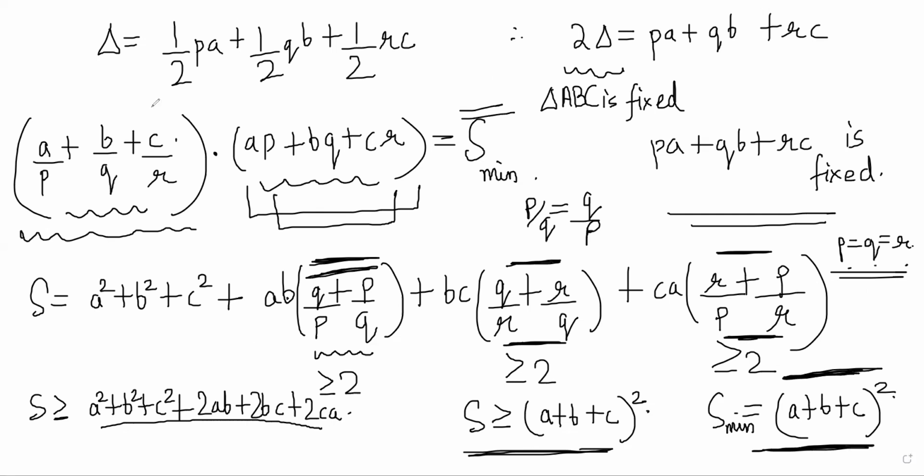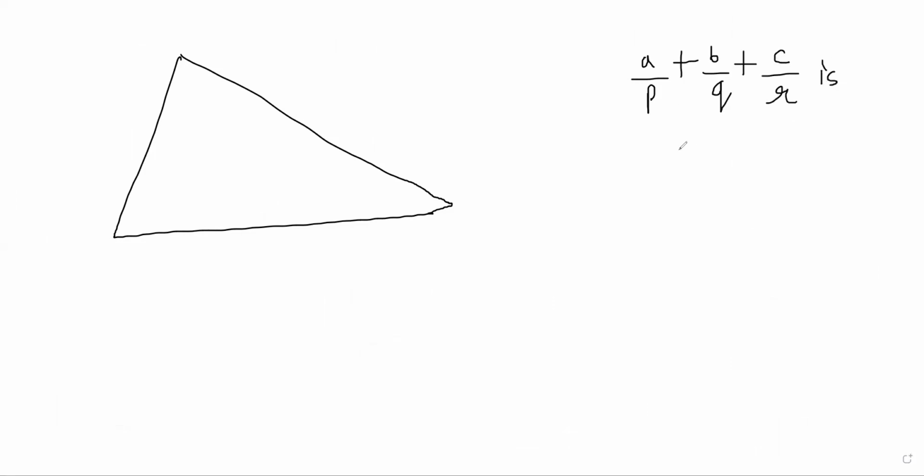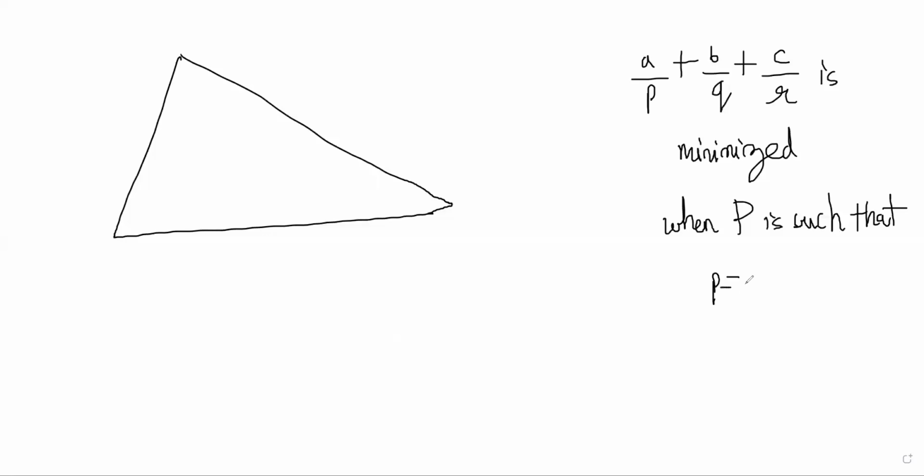So this tells us that for the triangle, the quantity A by P plus B by Q plus C by R is minimized when point P is such that P is equal to Q is equal to R, or basically PD is equal to PE is equal to PF, which is a special point whose distances are the same from all the sides.